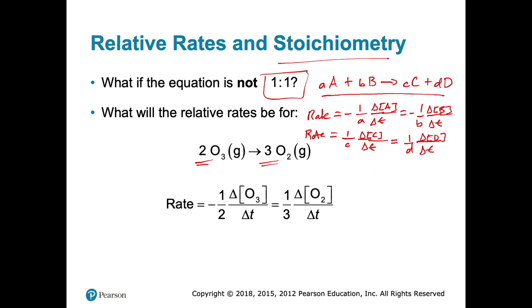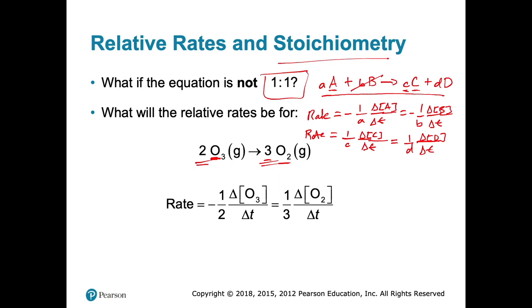So as you can see here, what represents big A in this equation is the O3, or the ozone. And in this particular equation, we only have one reactant, so we don't even have to worry about the B term. Then for this reaction, little c is 3, and big C is O2, or oxygen.